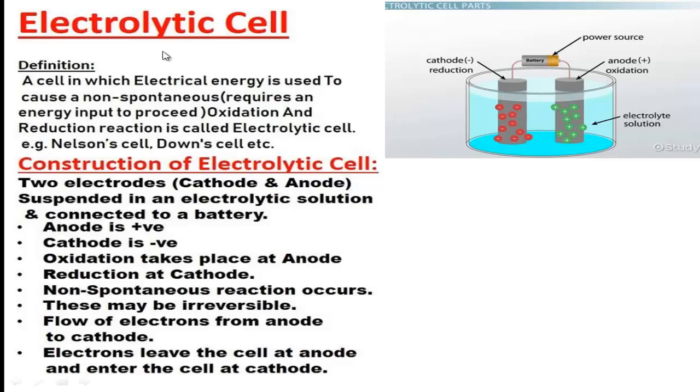This type of solution is known as electrolytic solution, and generally the solution of ionic compounds or polar covalent compounds is used, because in ionic compounds the metal cation and anion remain in ionized condition.